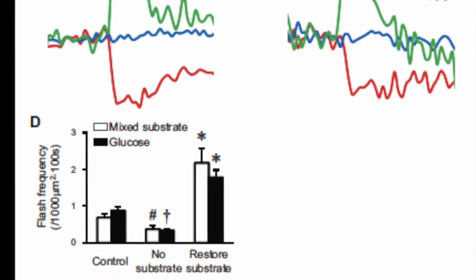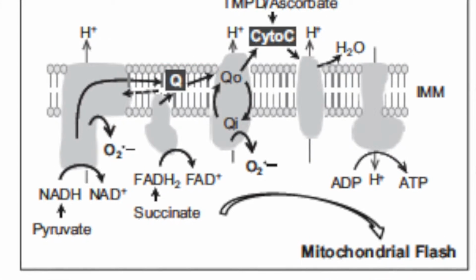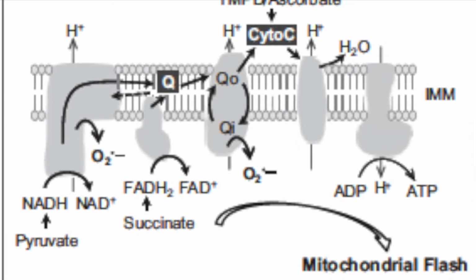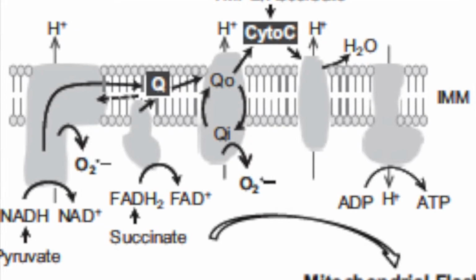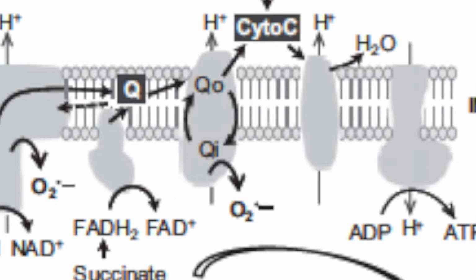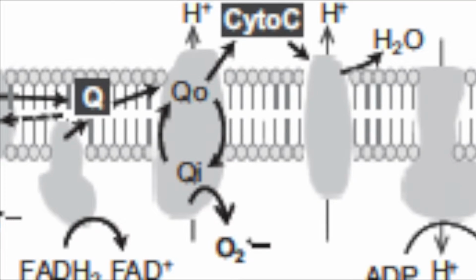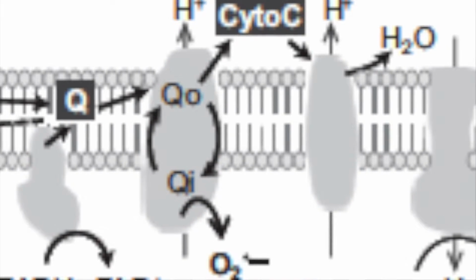They found a close coupling between flash frequency and the electron transport chain electron flow as measured by oxygen consumption rate. These results suggest that monitoring mitochondrial electron flow by real-time imaging can be used as a novel marker under various physiological and pathophysiological conditions.